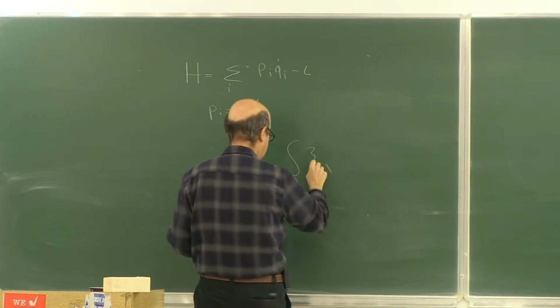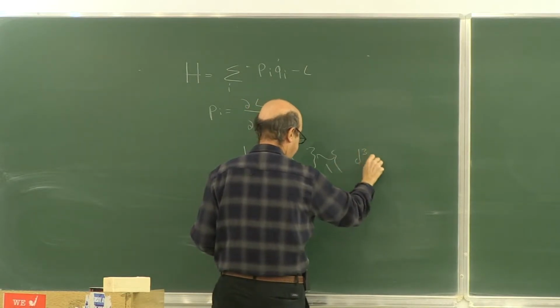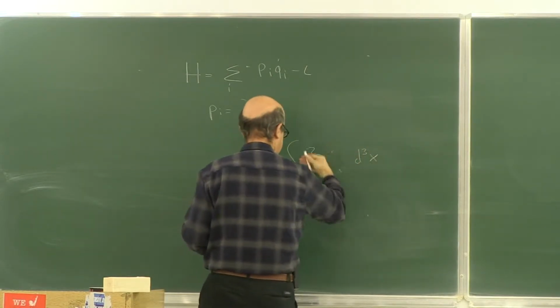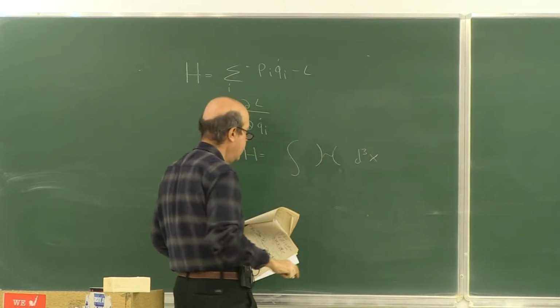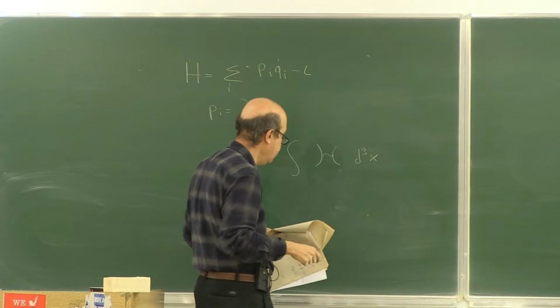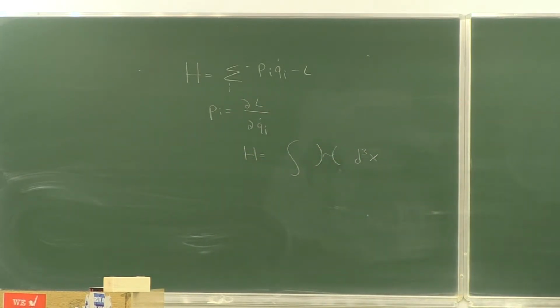So let us define a Hamiltonian density. H curly is the Hamiltonian density and the volume integral of this is the Hamiltonian.